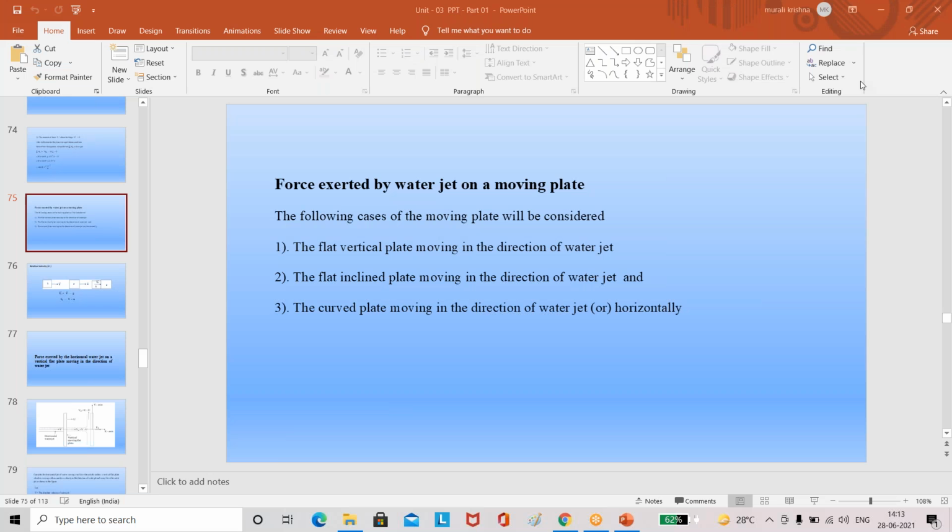Good afternoon, students. So far, in Unit 3, Part 1, we discussed the force exerted by water jet on stationary plate.